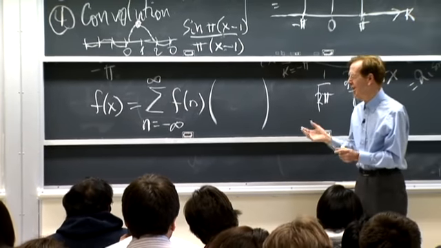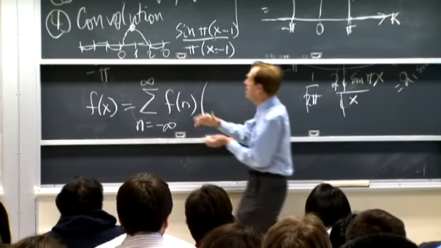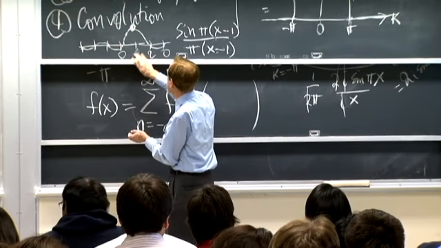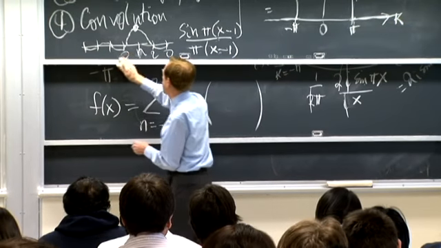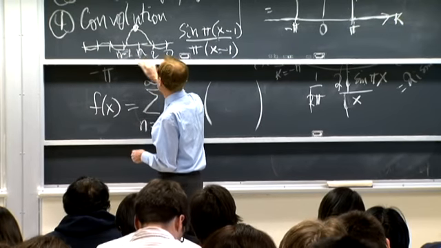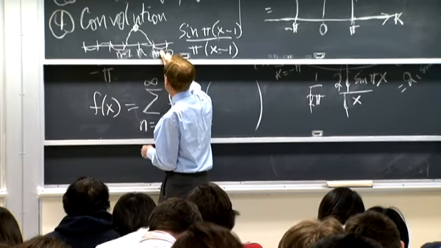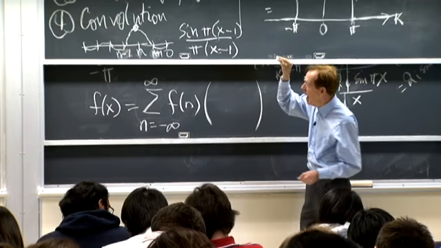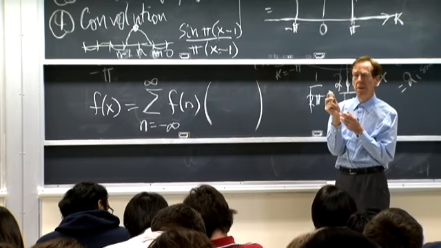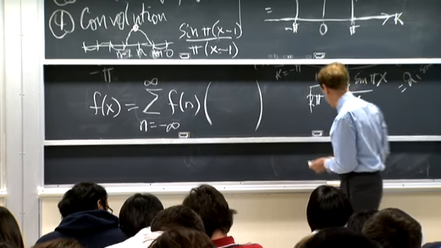Suppose this is hitting at n. Suppose that all the others, n minus 1, n plus 1, all those, are 0. But at x equal n, it's 1. Now, what should I have chosen?